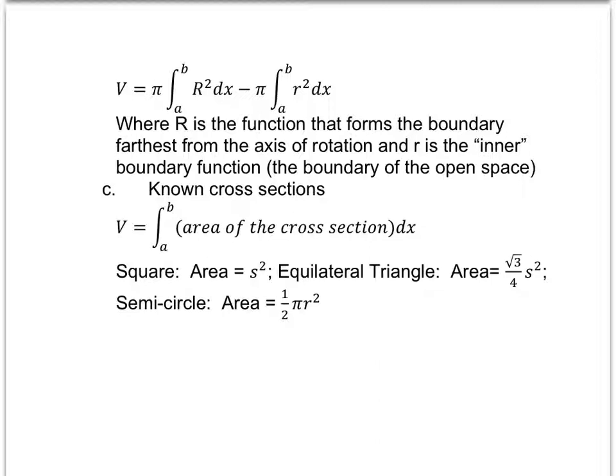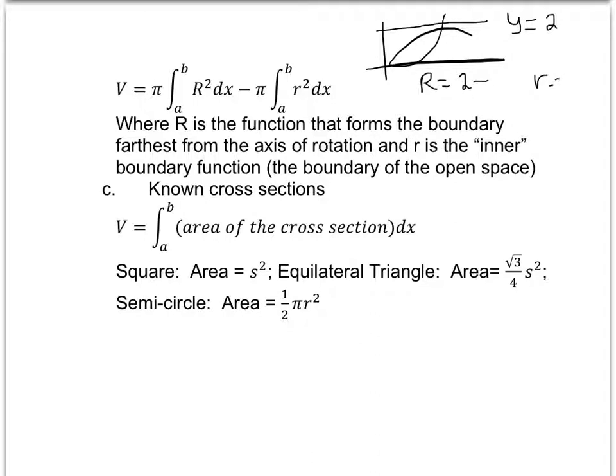So capital R is the function that forms the boundary furthest from the axis of rotation, and lowercase r is the inner boundary function. Remember, if I'm doing something like I have this graph, and I were rotating about the line up here, let's say that's y equals 2, then both of my radii, both my big one and my small one, would start with 2 minus, because this y equals 2, the axis of rotation where I'm measuring from, is above both the larger and the smaller radius.